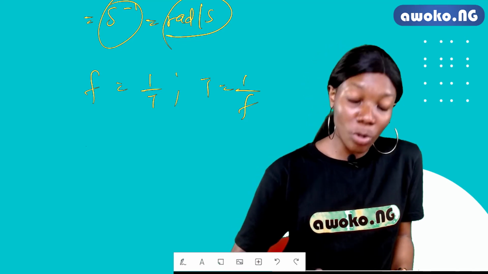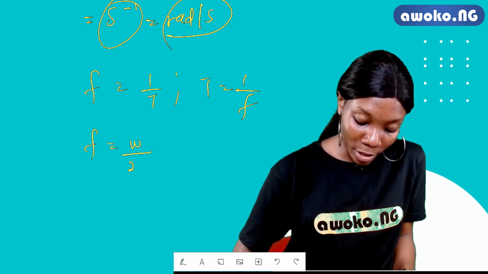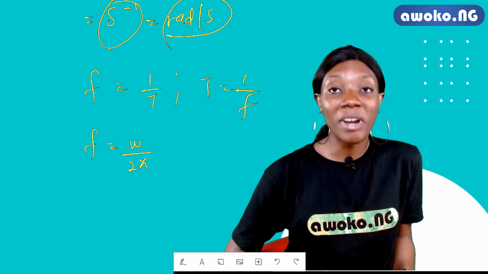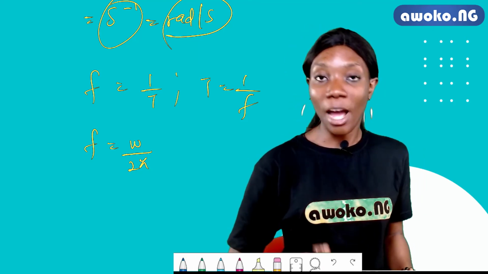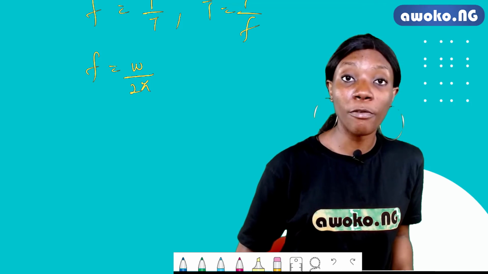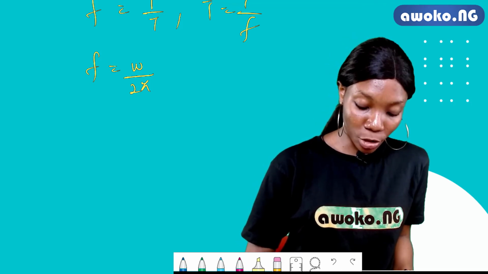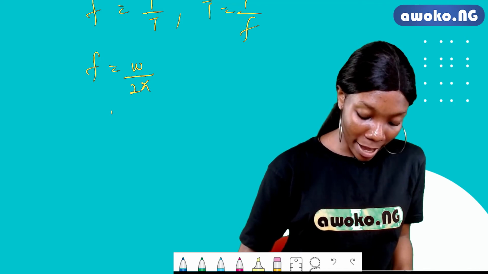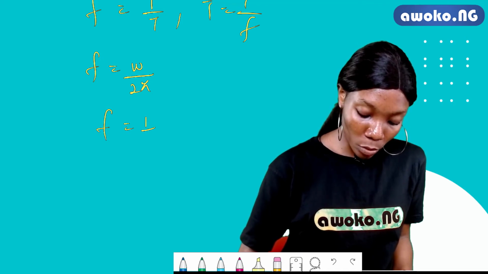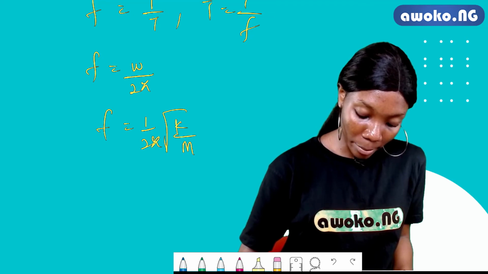We also said along the line that f is equal to w over 2 pi, when we're trying to relate frequency and angular frequency. If we put the equation for angular frequency w into this relation, we get f equals 1 over 2 pi times the square root of k over m.